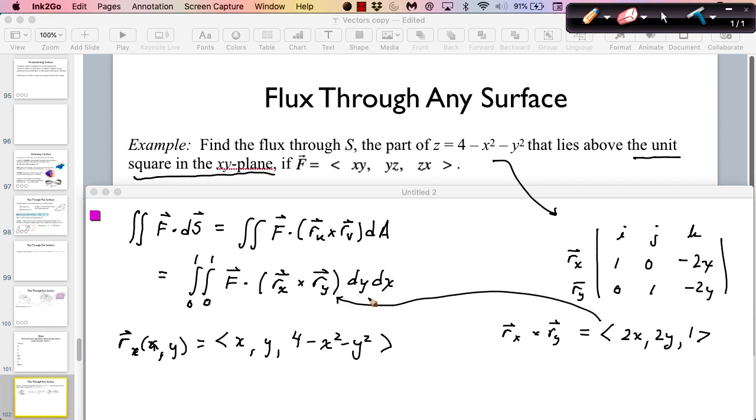And then F. But now for F, we need it to be written only in the two variables x and y, right? So this down here is the double integral 0 to 1, 0 to 1. F is x, y, and what's z?